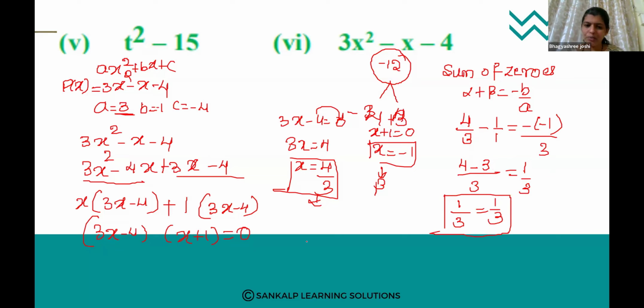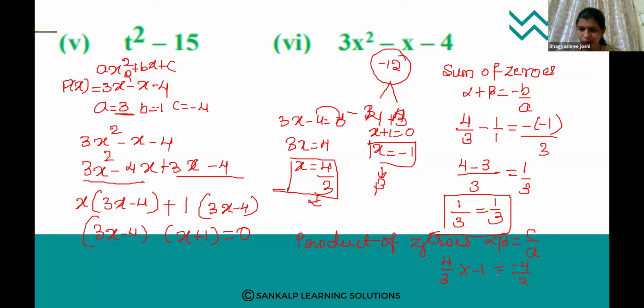Next, we'll find out product of zeros. Alpha into beta is equal to C divided by A. What is the value of alpha here? Alpha value is 4 divided by 3. Beta value is minus 1. C value is minus 4.